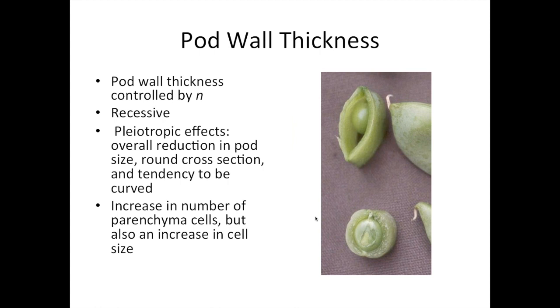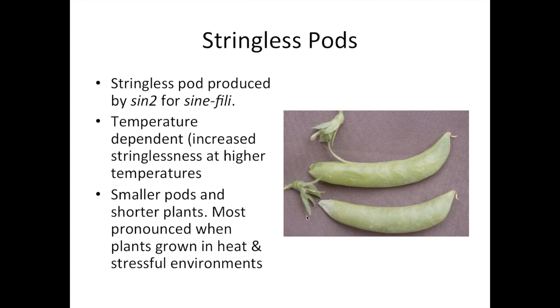Another gene that is important: you can have snap peas that are stringy or snap peas that are stringless. What I mean by that is that they have or don't have a string in the pod suture. This is a stringy type here where the pod string has partially been pulled, and then here's a stringless type where we did the same thing with it.